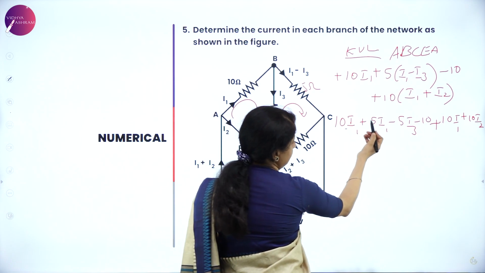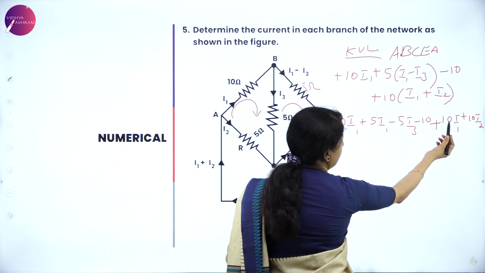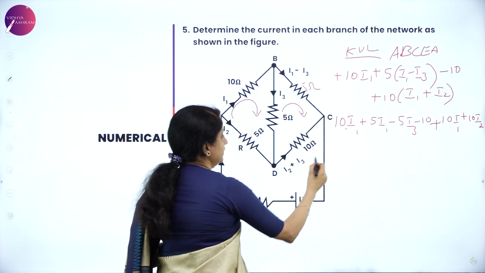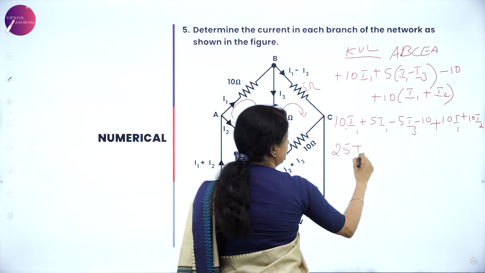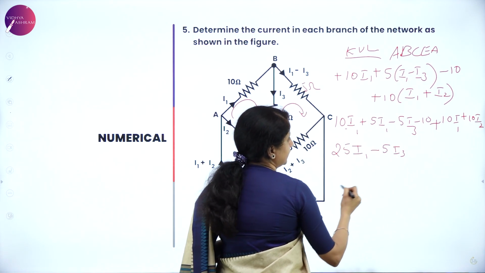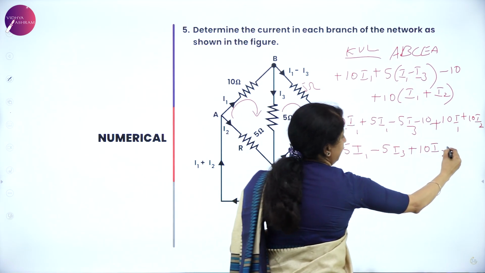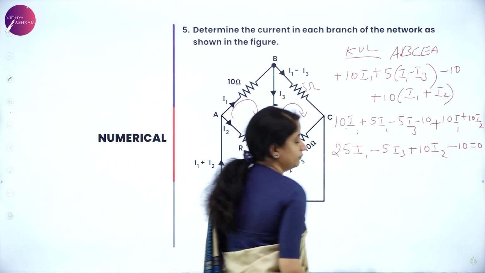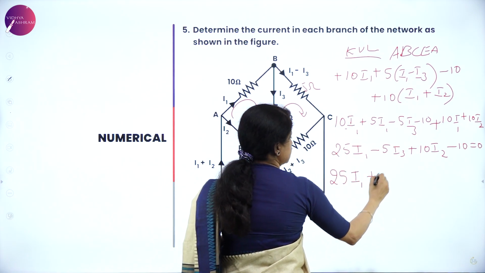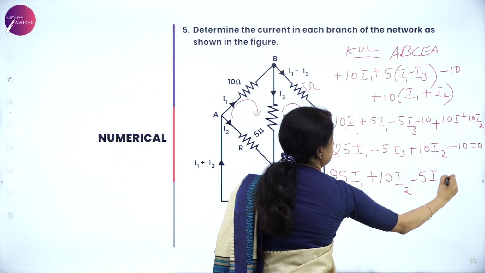We have 10 I1 plus 5 I1, that is 15 I1, and we have 10 I1 here, that is 15 plus 10, 25, 25 I1 minus 5 I3, I have here plus 10 I2, I have here minus 10 is equal to 0, or we can write this as 25 I1 plus 10 I2 minus 5 I3 is equal to 10.